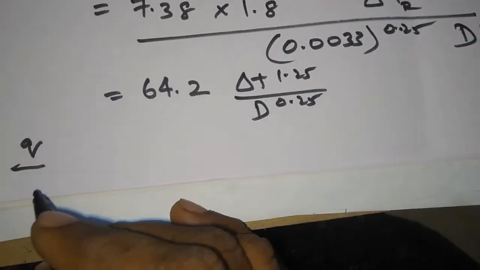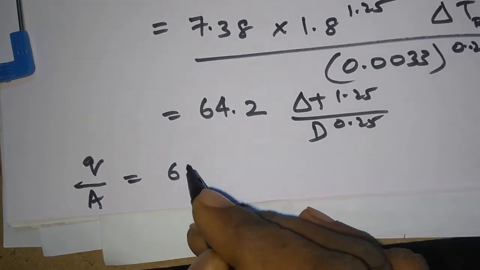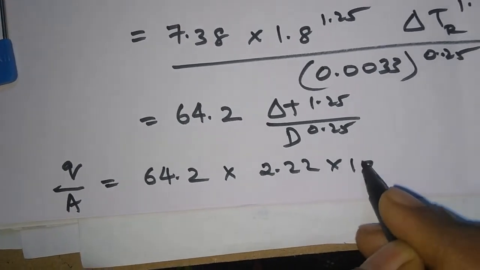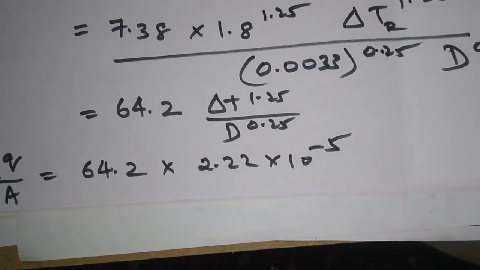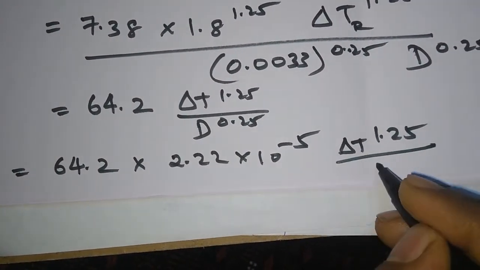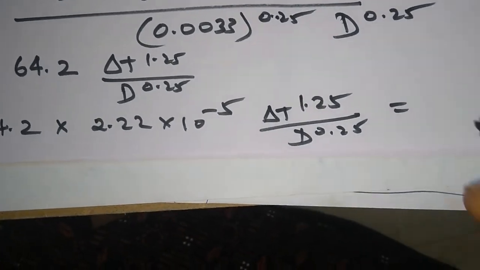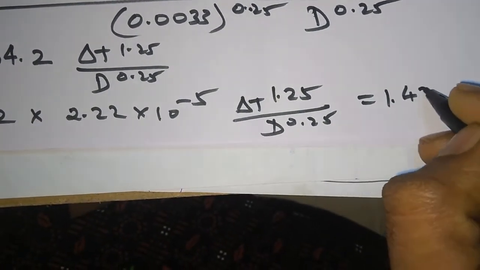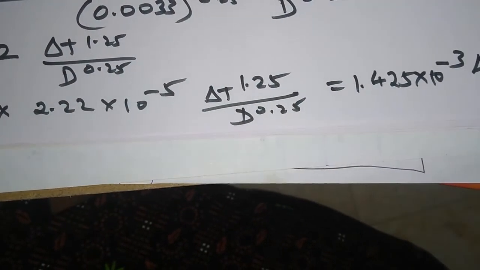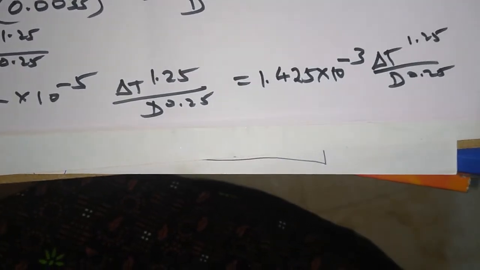Therefore Q by A is equal to 64.2 multiplied by 2.22 into 10 power minus 5 delta T power 1.25 by D power 0.25, which is equal to 1.425 into 10 power minus 3 delta T power 1.25 by D power 0.25.